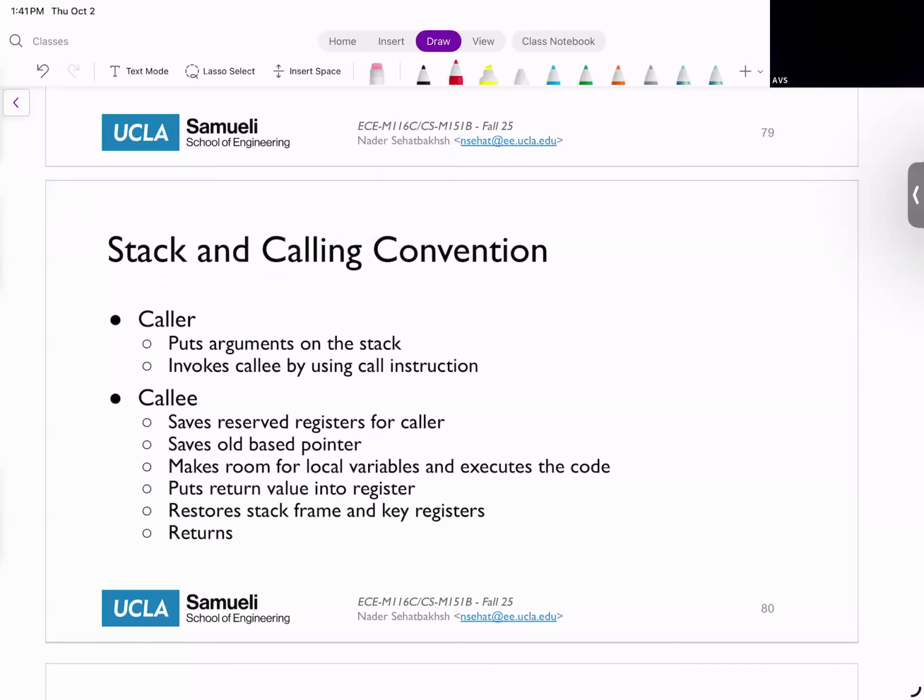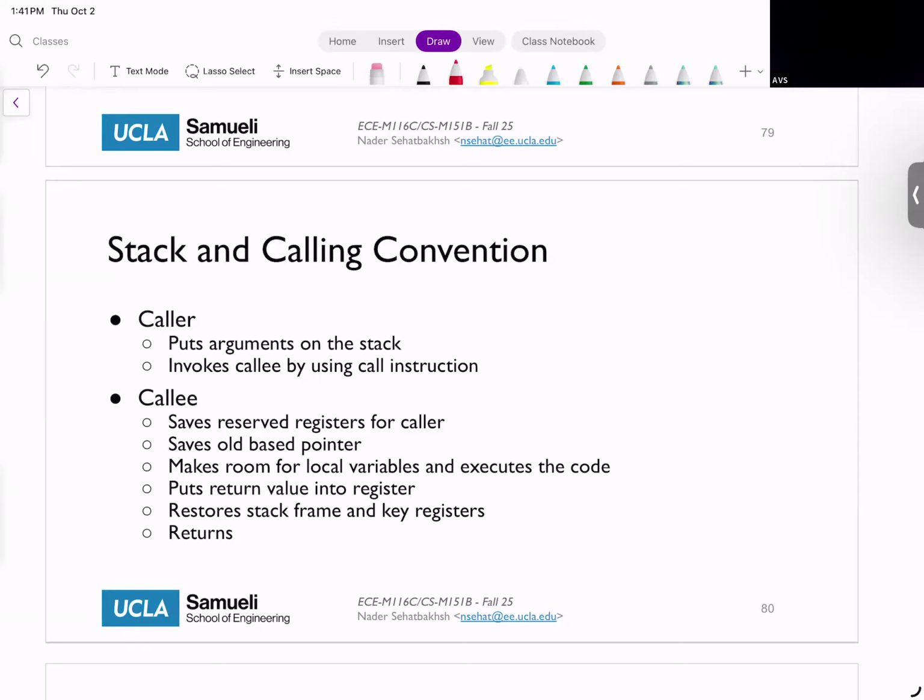So these are the rules: if you want to call a function, this is the caller function, you put the variables that you want to pass on to that function into the stack. You invoke it by having a call. In RISC-V, that would be a jalr instruction. Then the callee saves the registers of the caller.